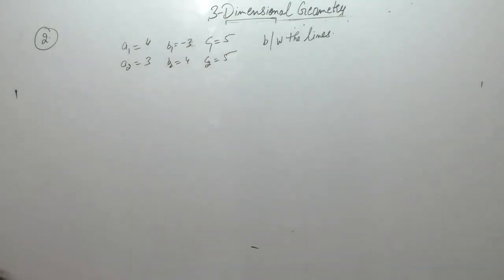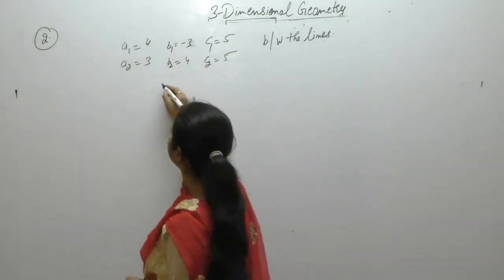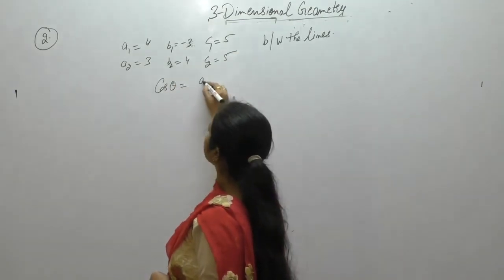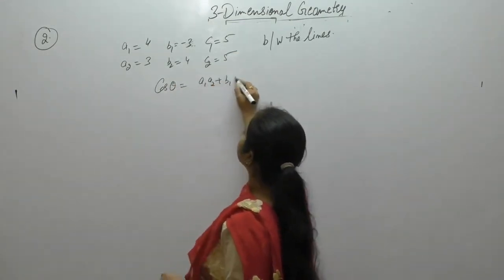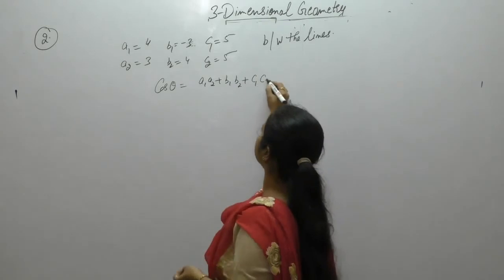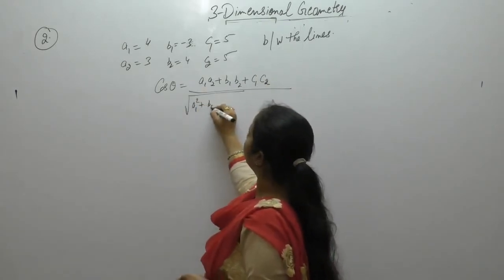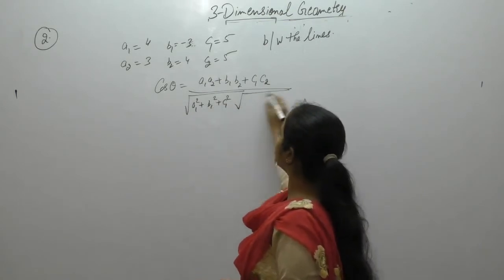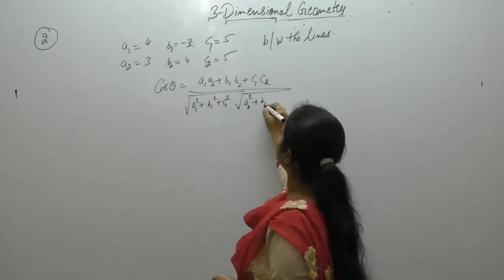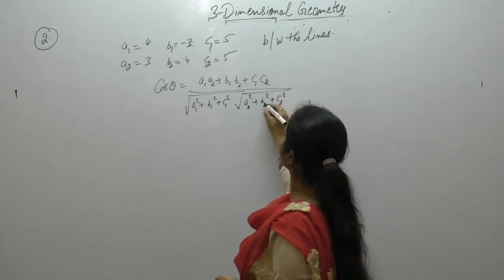Direction ratios are given. We want to find the angle between the lines, that is a1a2 + b1b2 + c1c2 upon square root of a1 square plus b1 square plus c1 square times square root of a2 square plus b2 square plus c2 square.